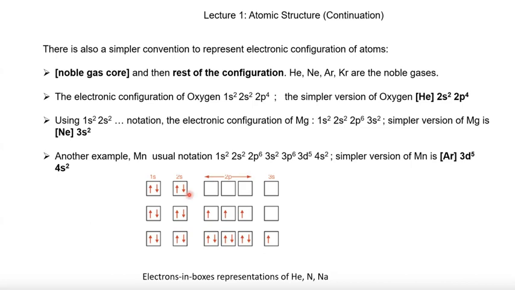Well, sorry. When I showed the electron in boxes diagram, I said helium, nitrogen, sodium. So helium electronic configuration is 1s2, hydrogen and then helium.